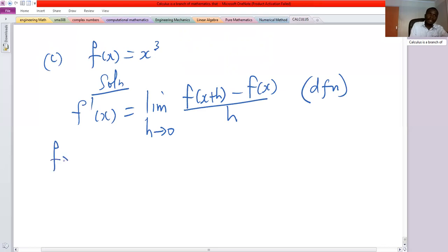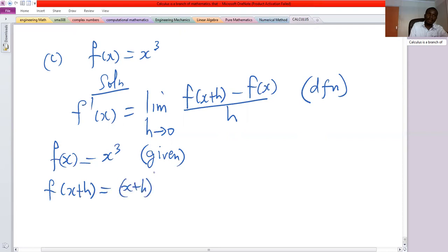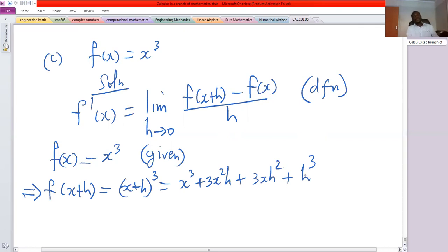Now, f of x is x cubed, already given. f of x plus h will be x plus h to the power 3, which will be x cubed plus 3x squared h plus 3x h squared plus h to the power 3. I'm just using binomial expansion on this term here.